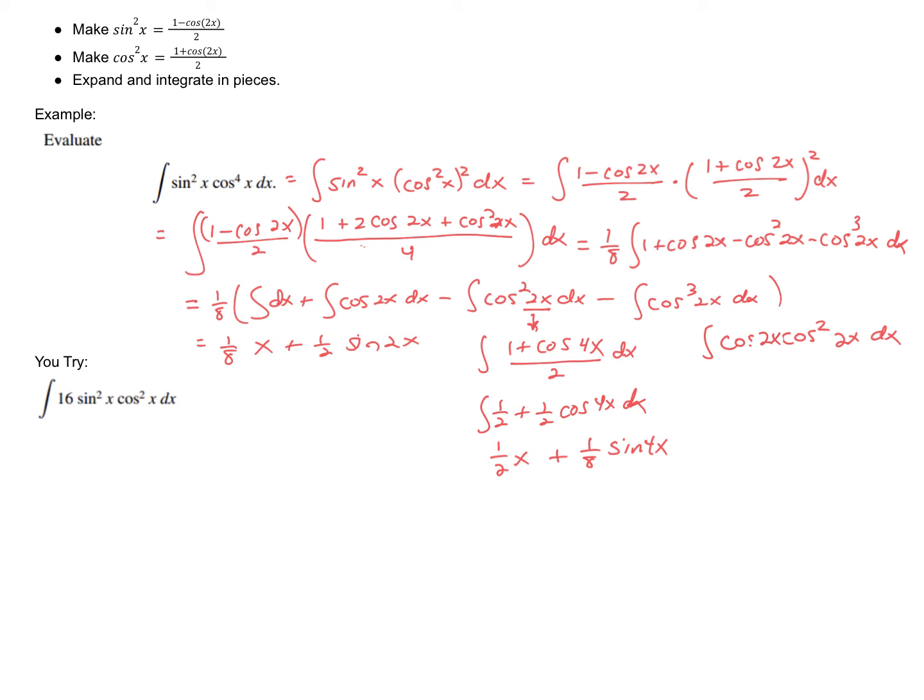Now you can go ahead and take your cosine squared and make it into 1 minus sine squared. Now you can do your u substitution.